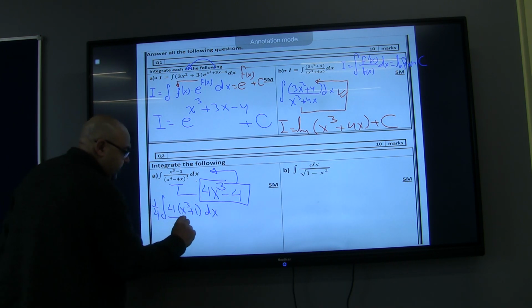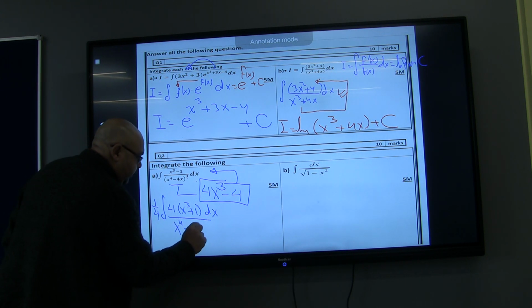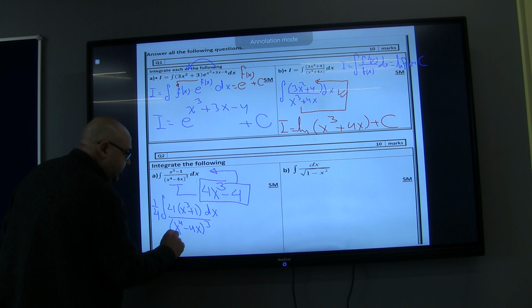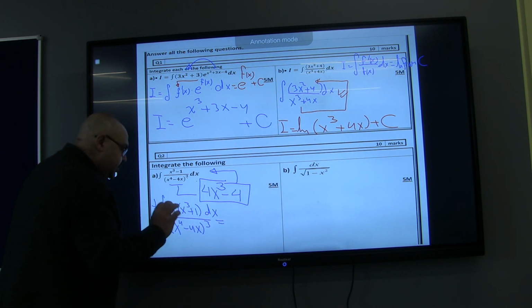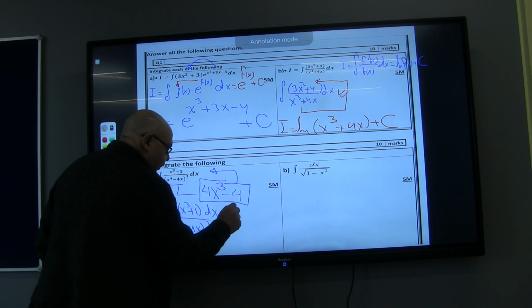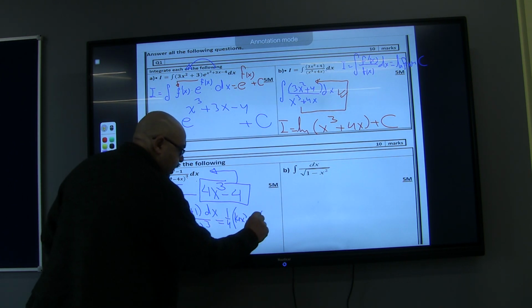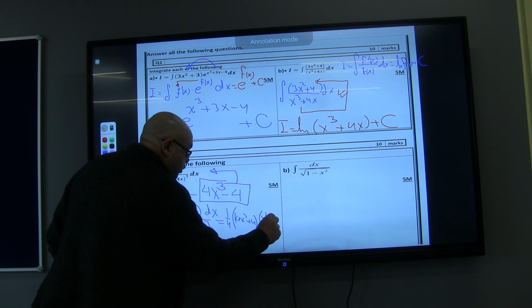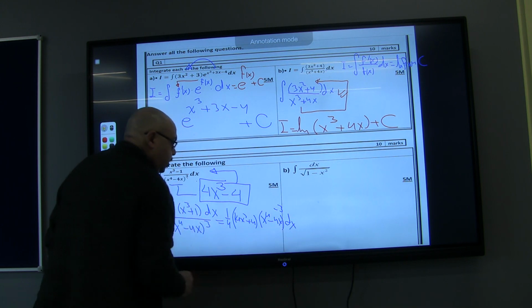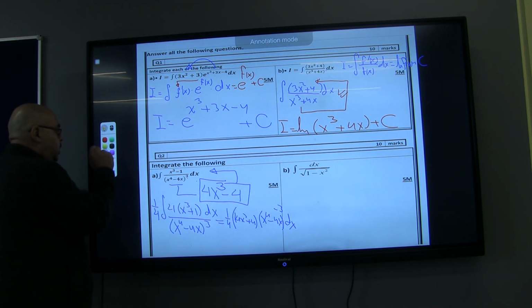And divide by 4. And it is divided by x to the power of 4 minus 4x to the power of 3, which can be rewritten as 1 over 4 times 4x cubed plus 4 times the denominator, which is x to the power 4 minus 4x to the power of negative 3, integrate with respect to x.